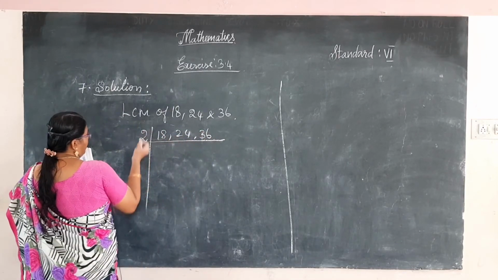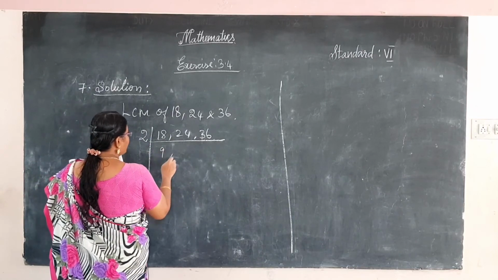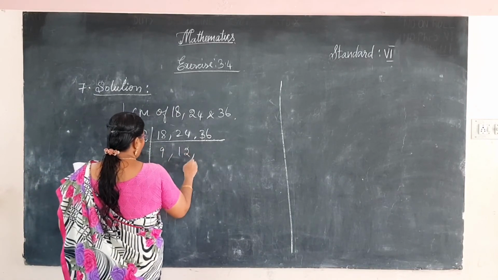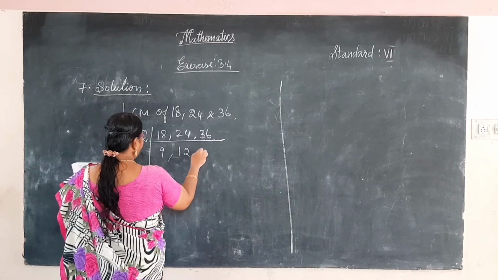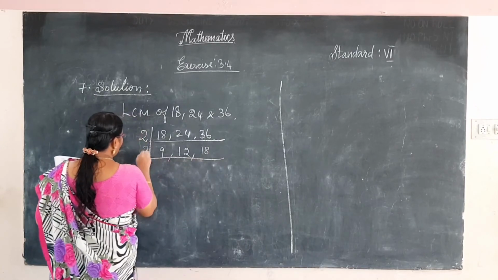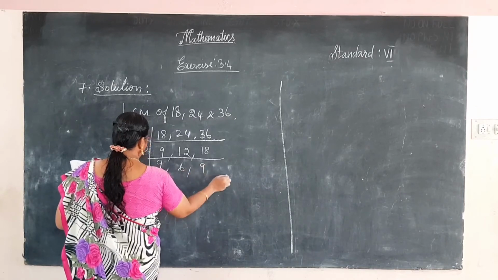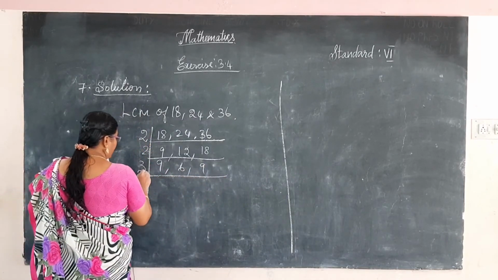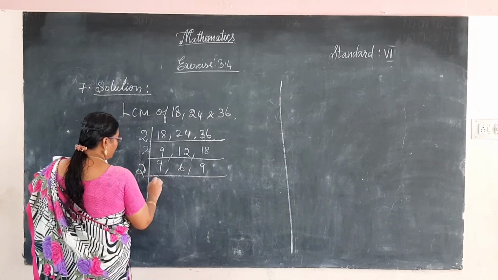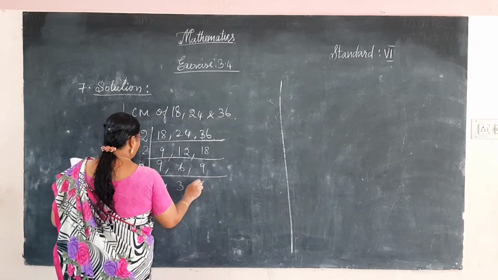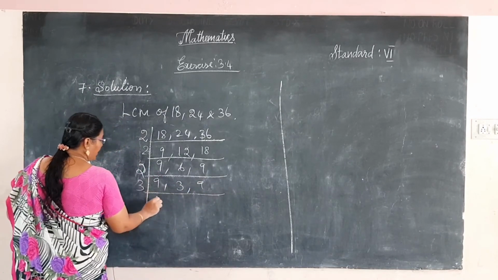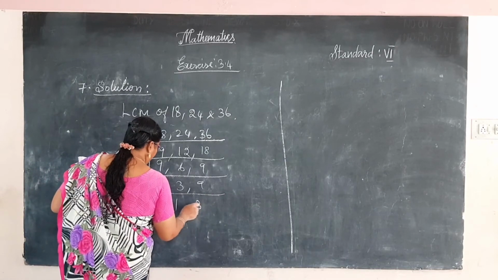So it's divisible by 2 table. 2 9s are 18, 2 12s are 24, 18. Again 2 table. 2 table again. 2 3s are 6, 3 table. 3 1s are 3 again.